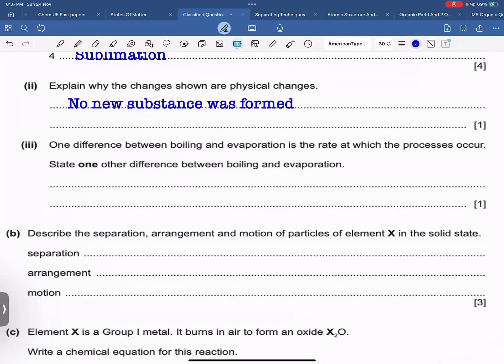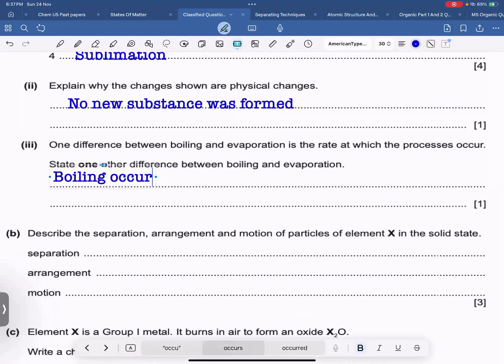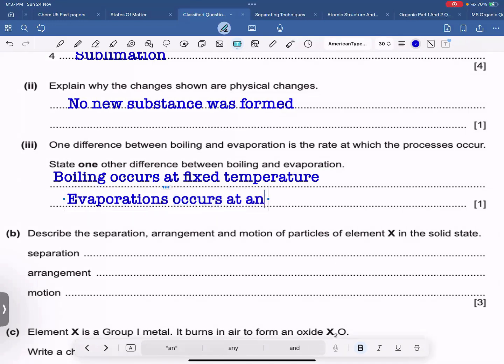The rate at which a process occurs, and so boiling occurs at a fixed temperature but evaporation occurs at any temperature or below boiling temperature. Accept.